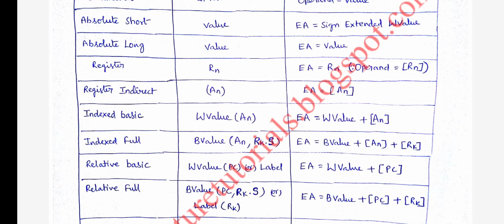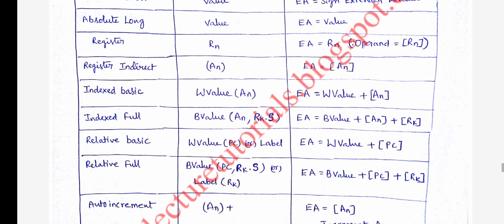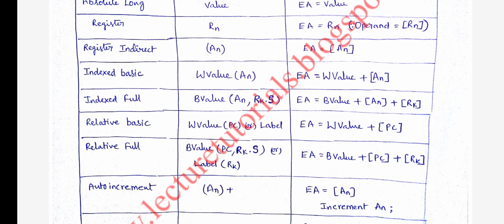b value, An, comma Rk, comma s, effective address is equal to b value plus An plus Rk. Relative basic: w value is equal to PC or label, effective address is equal to w value plus PC.